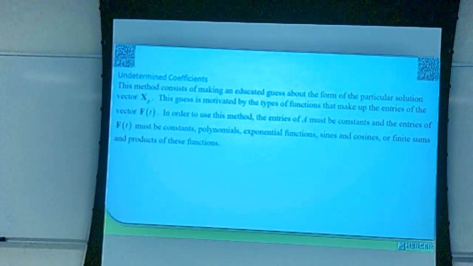All right. Solving non-homogeneous systems. Two methods. Just like when we did linear equations, you first have to find your complementary function, which is what we did with the homogeneous. Then you need to find the particular solution for the f of t. And there are two methods, undetermined coefficients and variation of parameters.